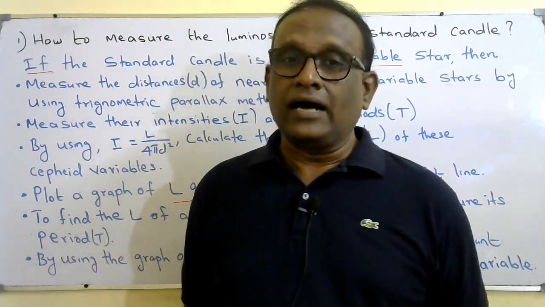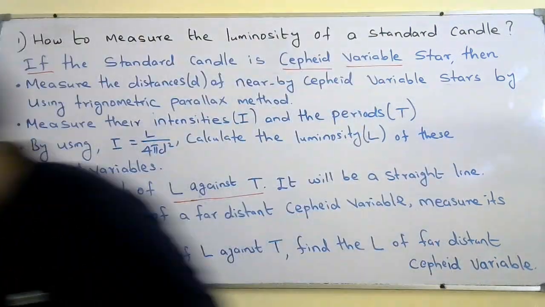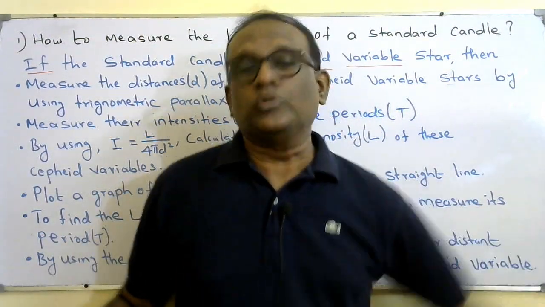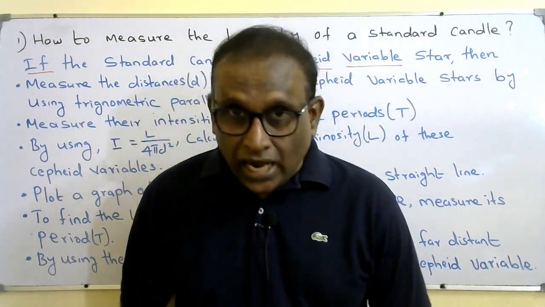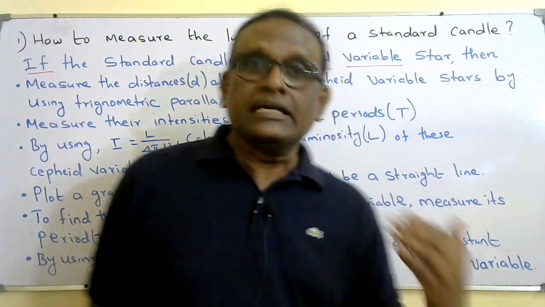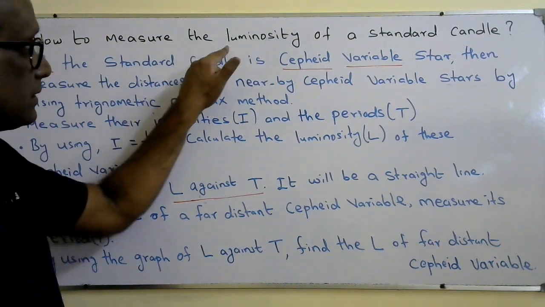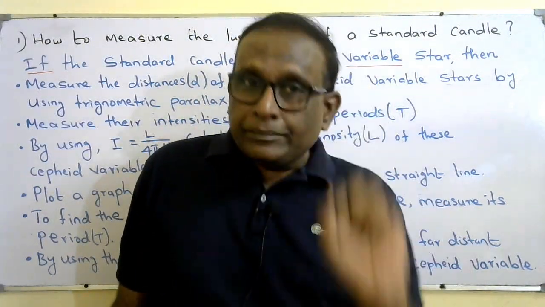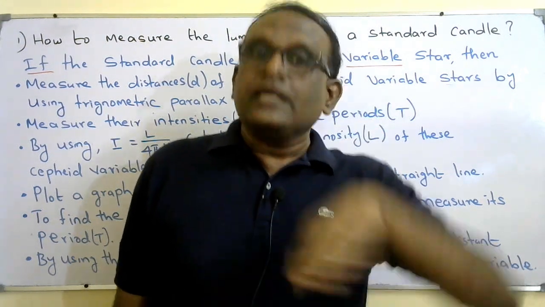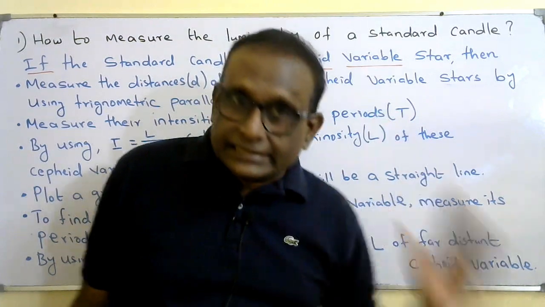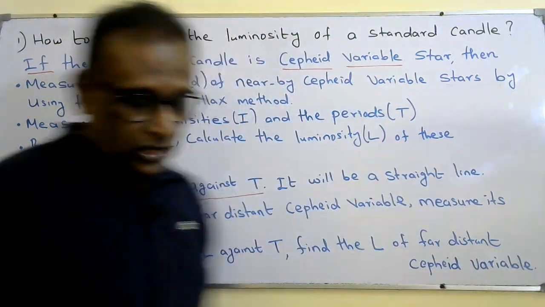This is the way you can write, but sorry, it's not a good method to find the luminosity. There will be larger uncertainty in that type of measurement. But if the question is not specifically focusing on the type of standard candle, you have to give the answer very generally. So that general method, now I'll tell you how to write that.